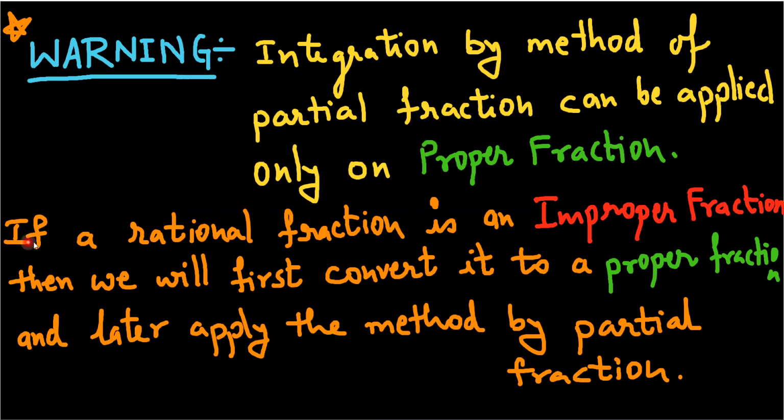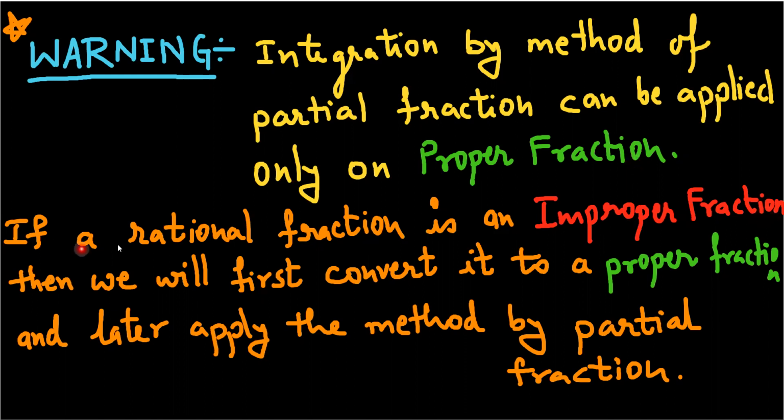Now listen to the next statement. If a rational fraction is an improper fraction, you must be thinking that we can apply the partial fraction method on a proper fraction, but what if I get an improper fraction?